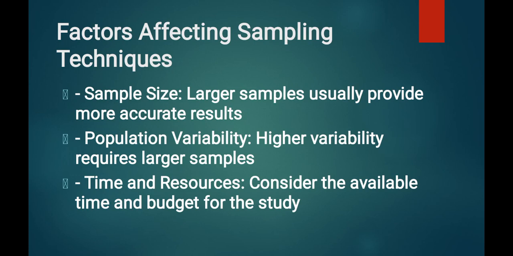If your sample size is small, you need to give some reasons, that maybe there was minimal variability within the population. That's why you chose a smaller sample. If you choose a larger sample, you can give them reasons like there was higher variability within the population, or maybe I had enough time and enough resources, so that's why I had the large sample, you see. So these are the factors that can affect sampling techniques.